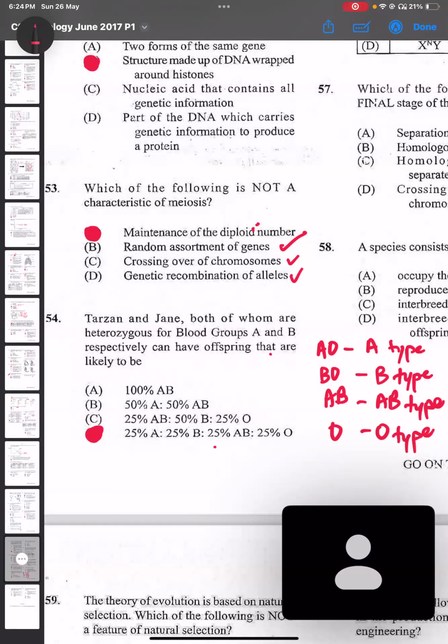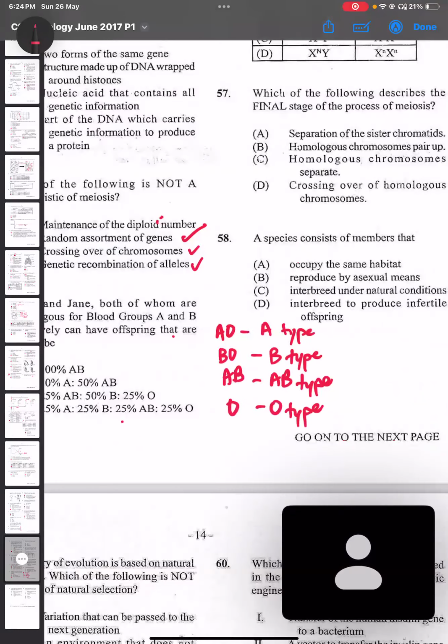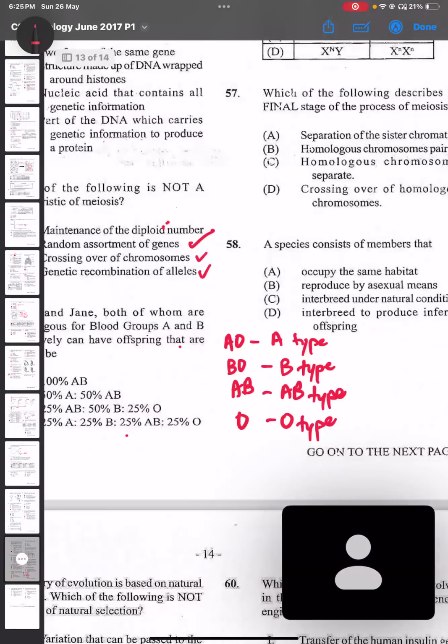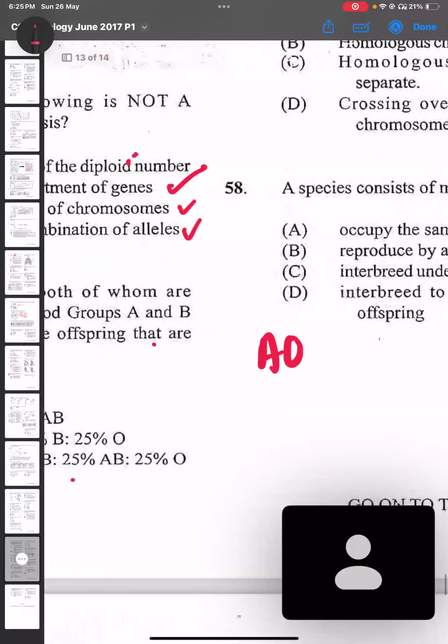If you wanted to work it out, it says that one is heterozygous for blood group A and one is heterozygous for blood group B. So one would have this, one would have this.